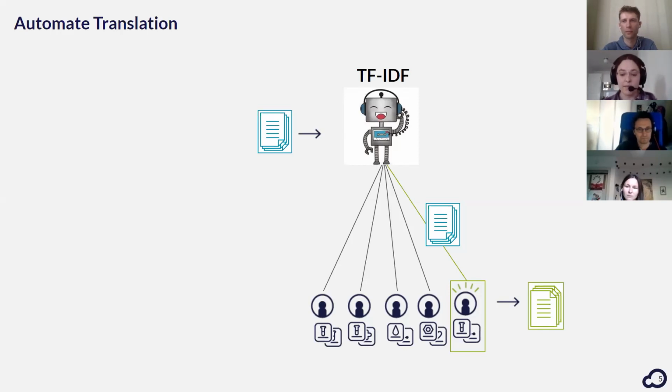And this would help automate the searching and matching of translators to the current document to be translated. Of course, we still have a human involved in the process that's overseeing this whole thing. We have a whole team taking care of the translators, taking care of the customers, making sure that everything goes smoothly and that the algorithm is making good choices. But this helped to speed up the process early on.